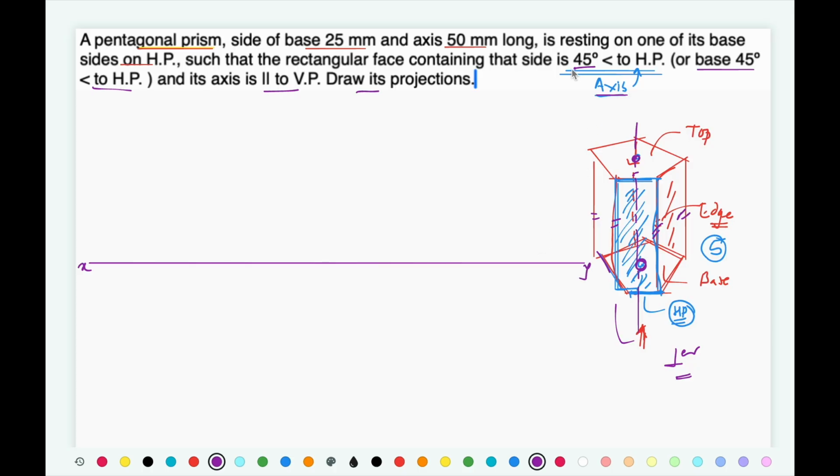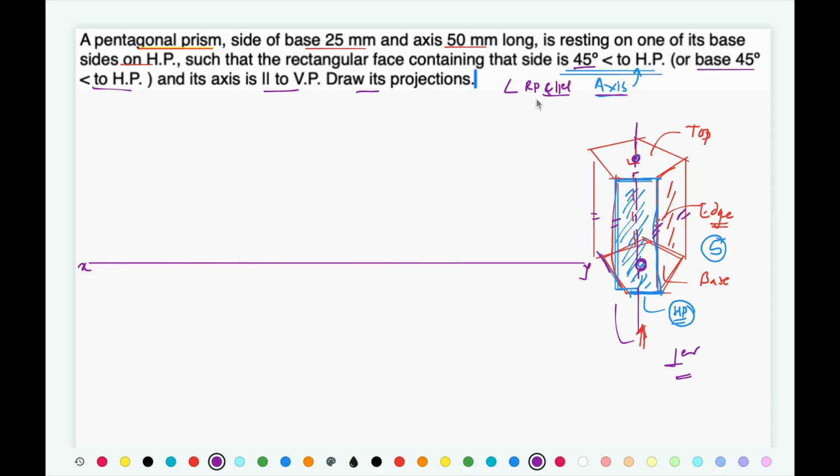The solid, when you are going to draw the solution for projection of solids, in this example the axis of the solid is inclined to one of the reference planes, and it is still parallel to the other reference plane. So it is inclined to only one reference plane.